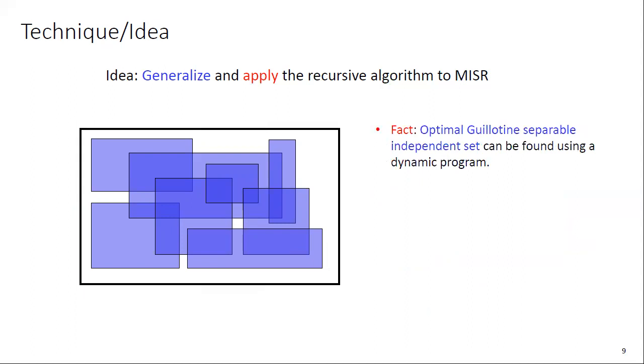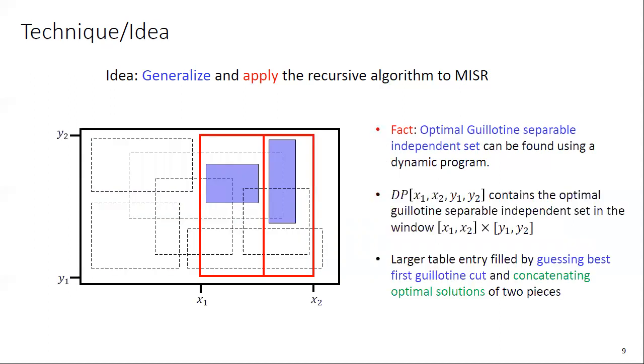And you guess it, we can compute by dynamic programming the optimal guillotine separable independent set, meaning the independent set of maximum size that satisfies this guillotine separable property. More precisely, what is the dynamic program? For each cell, you specify now a rectangle inside our bounding box, and the value is the value of the best guillotine separable instance inside.